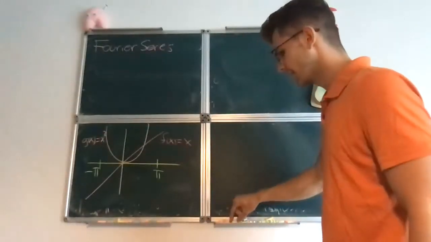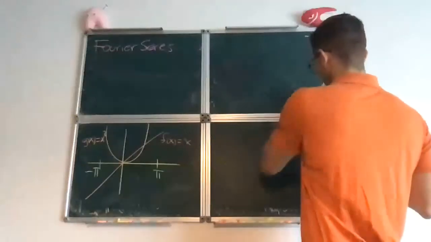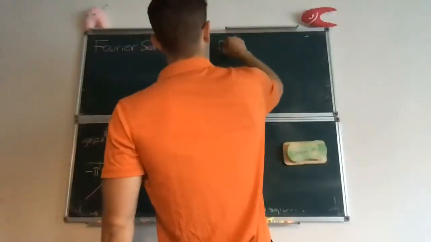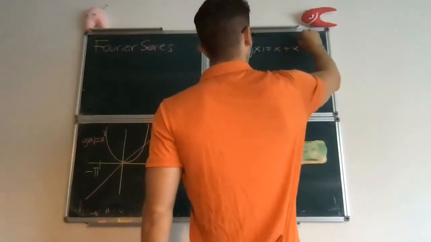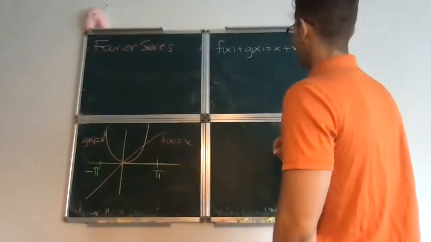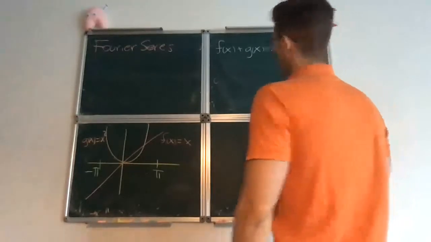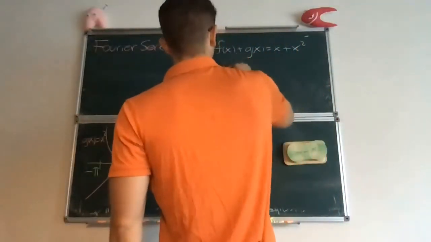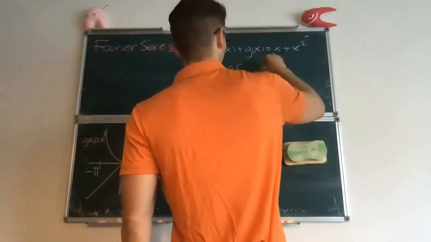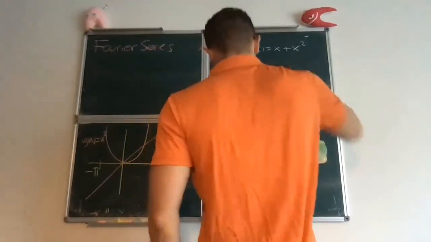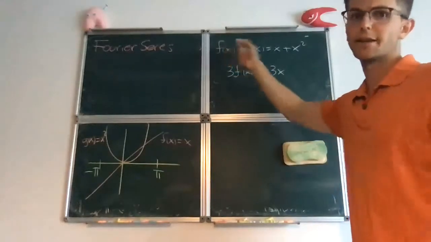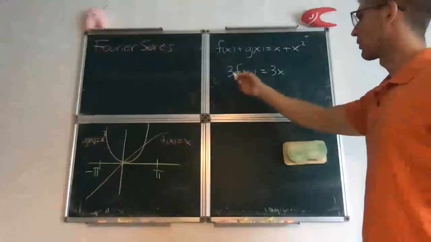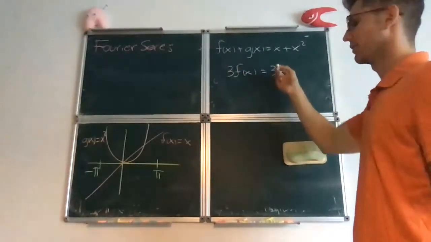And so you can add functions together, and you get x plus x squared in this case, or you could multiply a function by a number and you get 3x. But if you think about it, that's precisely the analog of adding two vectors together and getting a new vector, or multiplying a vector by a number and getting a new vector.